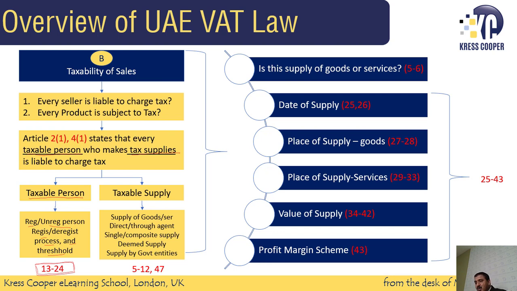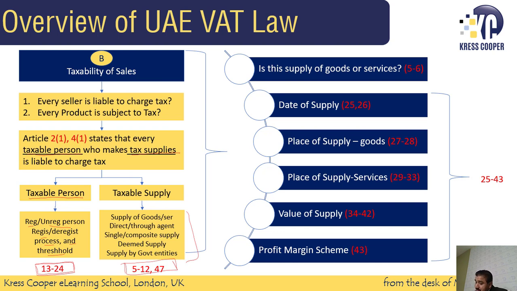In the language of a common man, supply means sales. It can be sales of goods or sales of services. It can be direct sales, indirect sales, single sales, component supply, deemed supply, or supply by the government authorities. All these things we will discuss under Article 5 to 12 and Article 47 of the law.